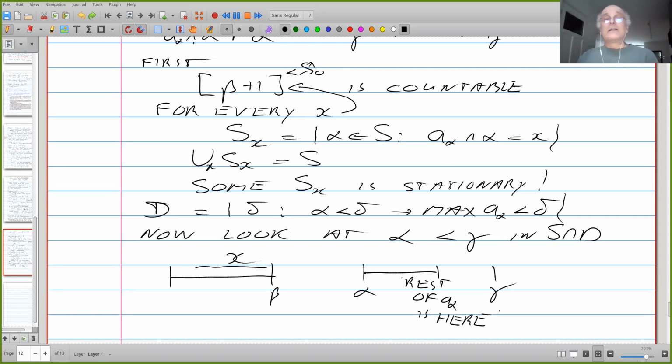The rest of A alpha consists of a little bit of X and some more, but that some more sits above alpha, but it sits below gamma because gamma belongs to D. And the rest of A gamma is here. And there you have it. That's our family.